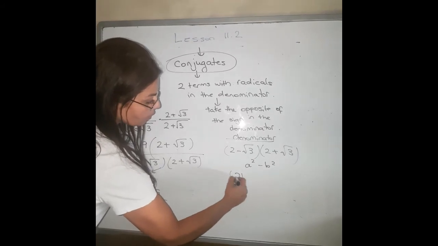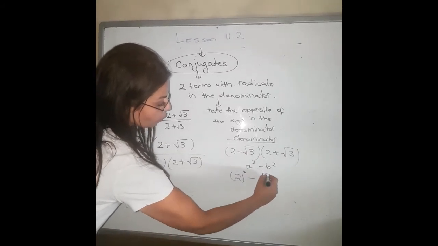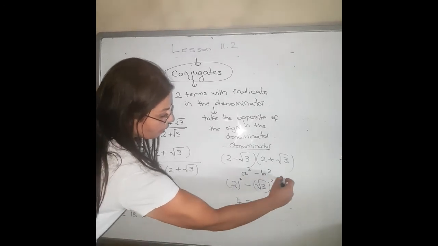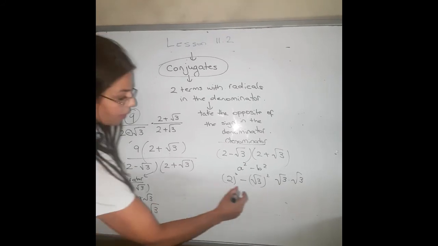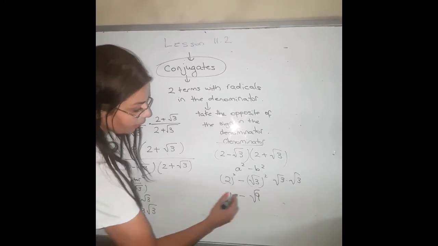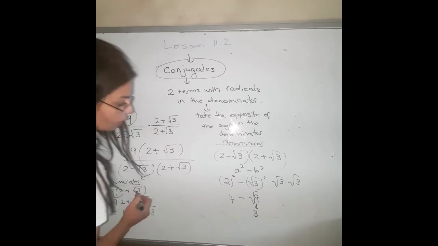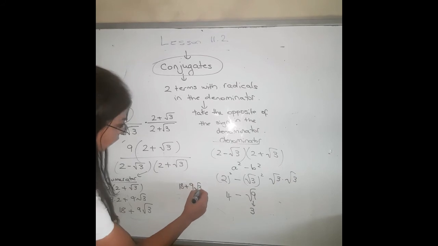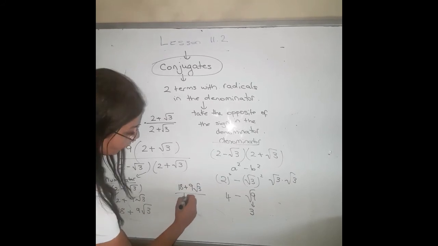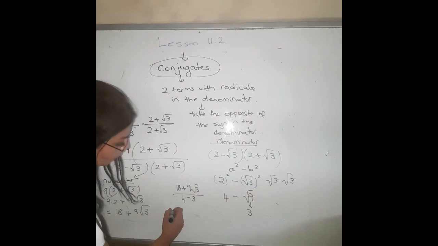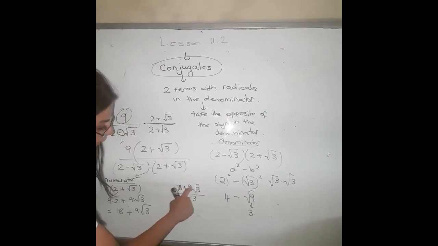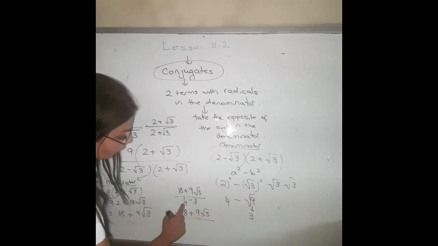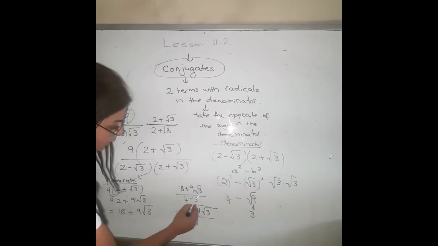So 2 to the second power minus radical 3 to the second power. 2 to the second power is 4, minus radical 3 times radical 3, which is radical 9, which is 3. So I have 18 plus 9 radical 3 over 4 minus 3, my denominator. I cannot add or subtract 18 and 9 radical 3, so I leave it as it is, and 4 minus 3 is 1. And this is my final answer.